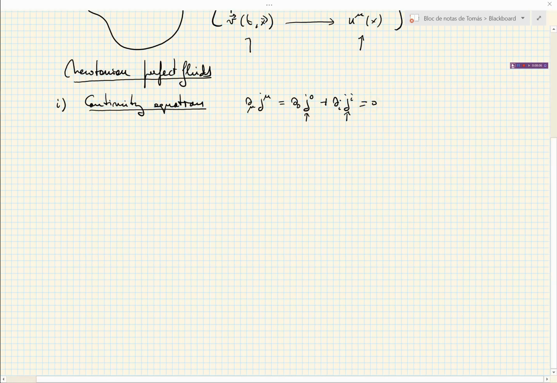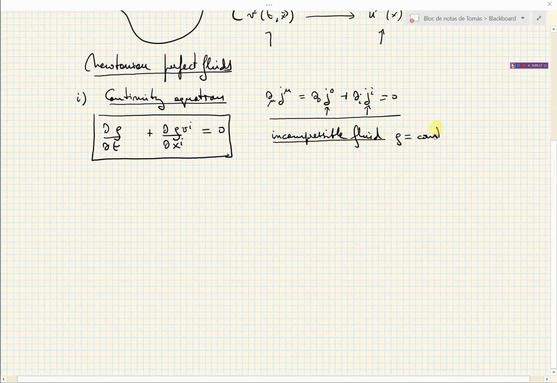There is a particular case that one considers sometimes, which is what is called an incompressible fluid. So this is a perfect fluid whose mass density is always constant. Doesn't matter what the pressure is, this rho does not change.